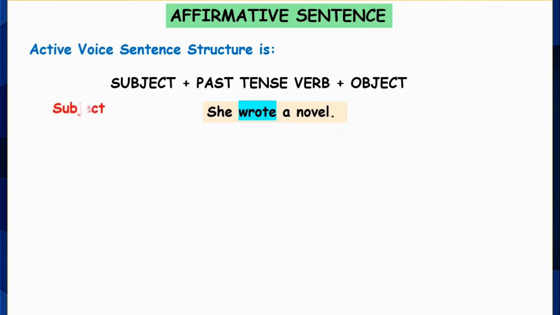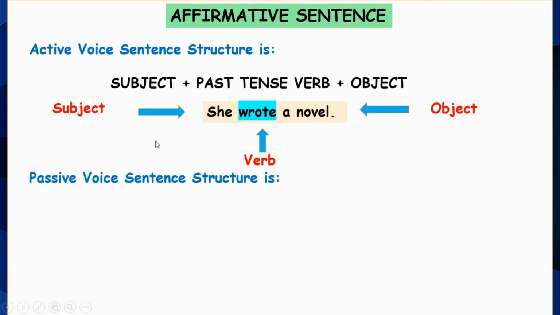Okay, so here what is the subject? She. Okay, what is the object? A novel. Okay, so what is the verb? Wrote. Okay, wrote is V2. So subject, she, plus V2, wrote, plus object, a novel. This is the structure of affirmative.